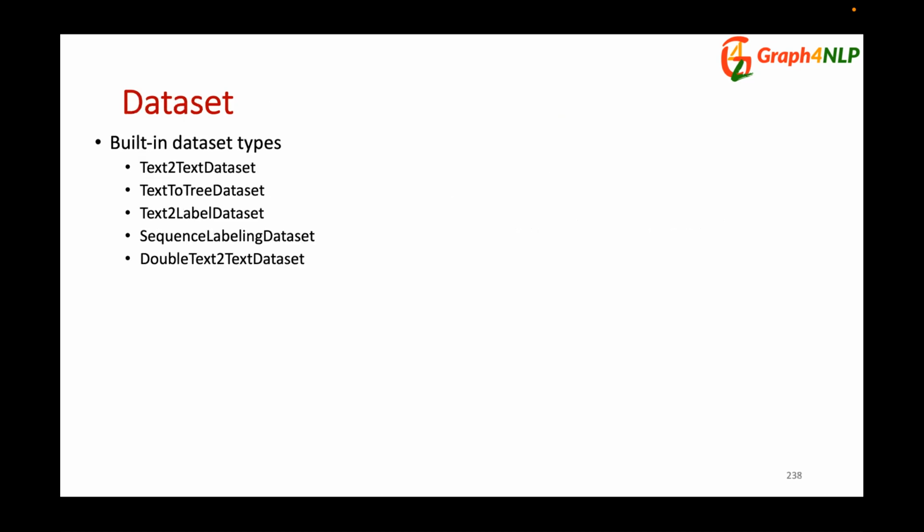Now let's talk about the dataset APIs. Because different types of NLP applications require different formats of input and output data, we categorize those use cases into the following types of scenarios: text to text, text to tree, text to label, sequence labeling, and double text to text.